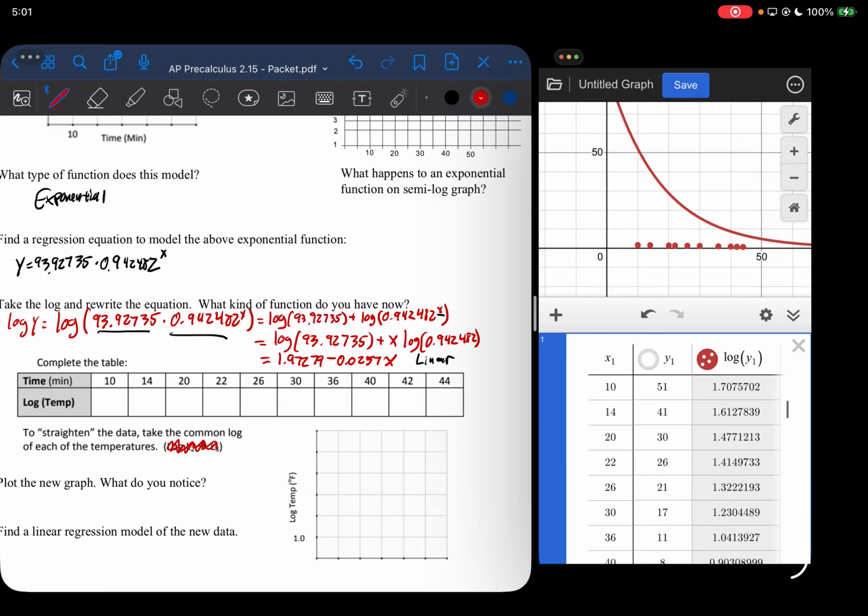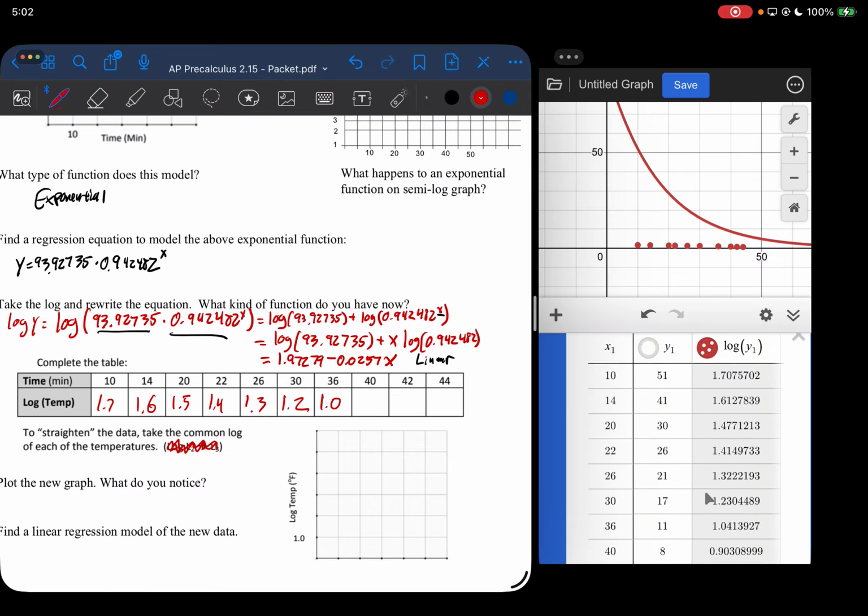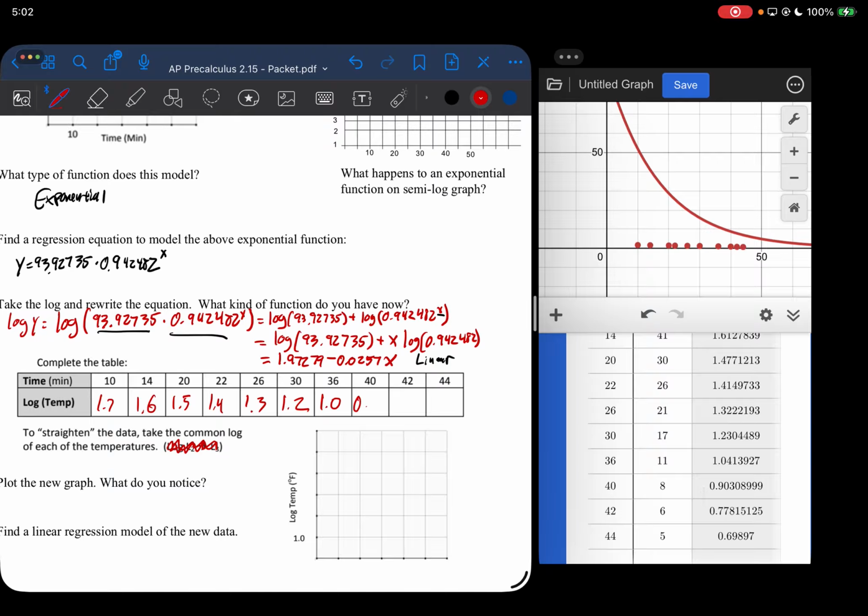So there's our data. So 1.7, 1.6, 1.5, 1.4, 1.3, 1.2, 1.0, 0.9, 0.8, 0.7.